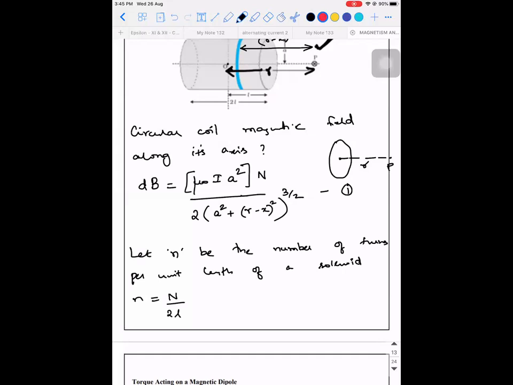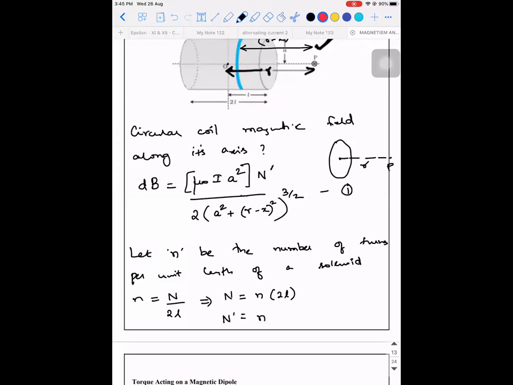Right. So let me say the number of turns here are n dash. So capital N is equal to n into 2L, means small n is equal to capital N divided by 2L, means capital N will be equal to small n into 2L. Accepted? Then what will n dash be equal to?